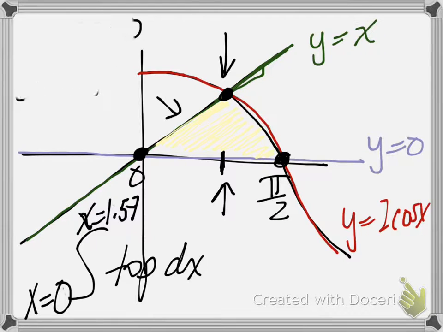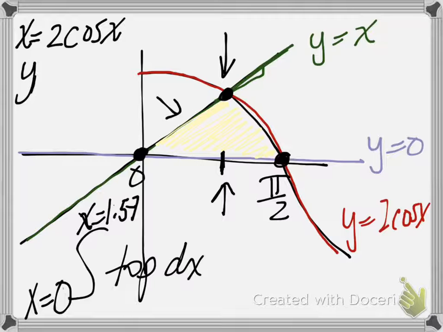Okay, so let's go back. So the green function is x, and the red function is 2 cosine x. So where they're equal is where they're going to intersect. So you have two choices. In your calculator, under y1, you could put x, and under y2, you could do 2 cosine x. And then you can do second calc and see where they intersect.